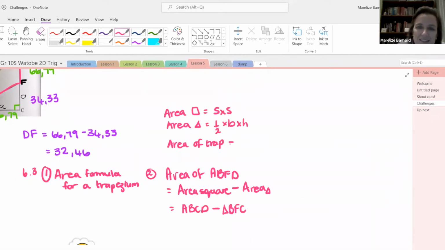Area of a trapezium. Ms. Coco, maybe you need to just remind us here what it is. It's the sum of the parallel sides times the height, I think.